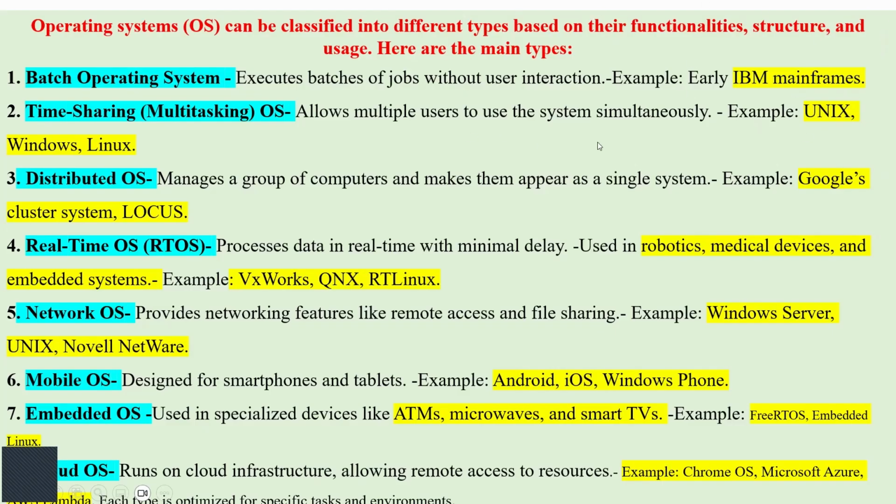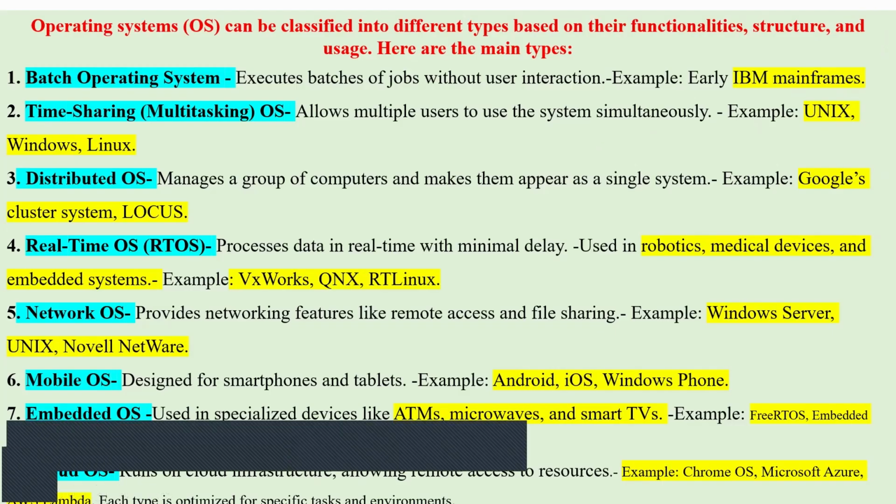The second is the time-sharing or multitasking operating system. This allows multiple users to use the system simultaneously by sharing CPU time. Examples include Unix, Microsoft Windows, and Linux. The third manages a group of computers and makes them appear as a single system, like the cluster systems developed for this purpose.